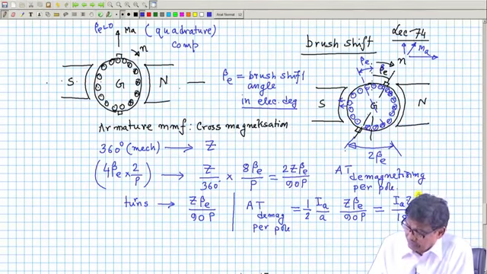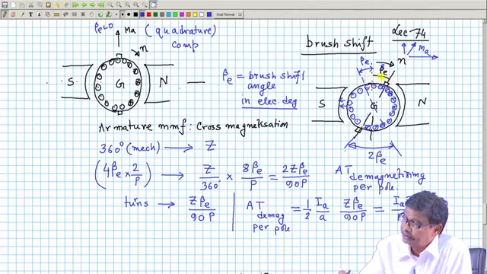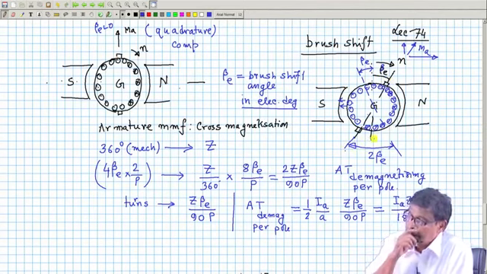Now, I will not once again calculate like this, because this is for the conductors spanning over 2 beta E, 4 beta E angle.